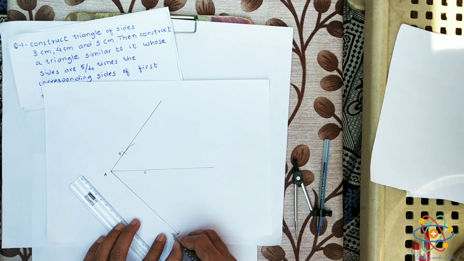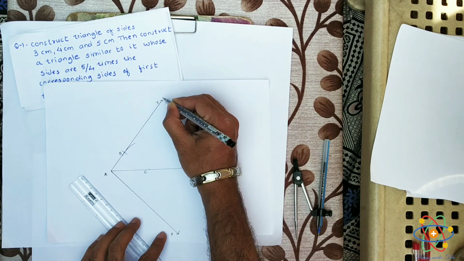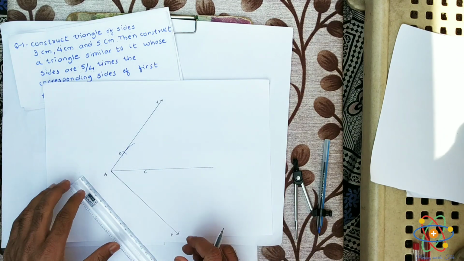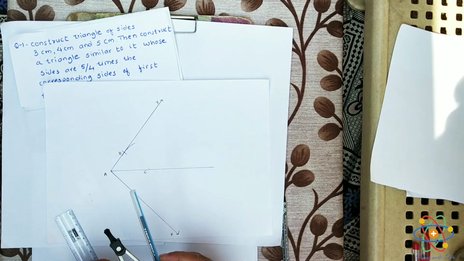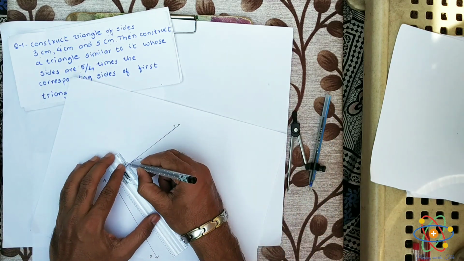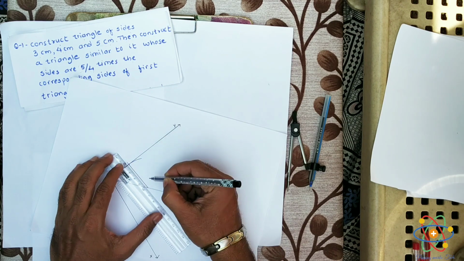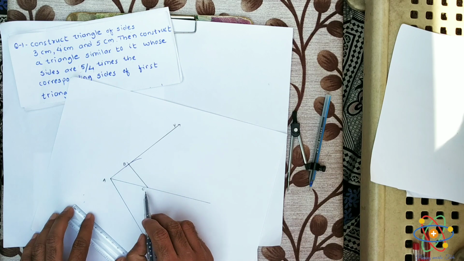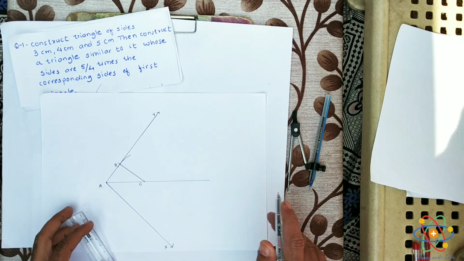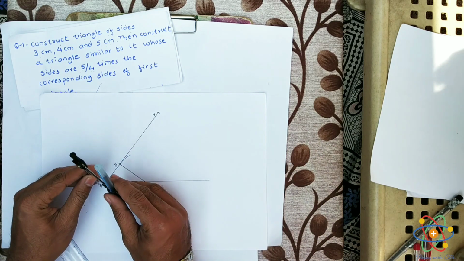Before that, let us write ray AX and ray AY. AX and AY are on opposite sides of line AC. Let us join B and C.